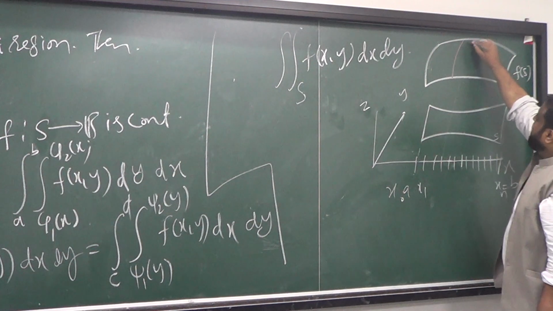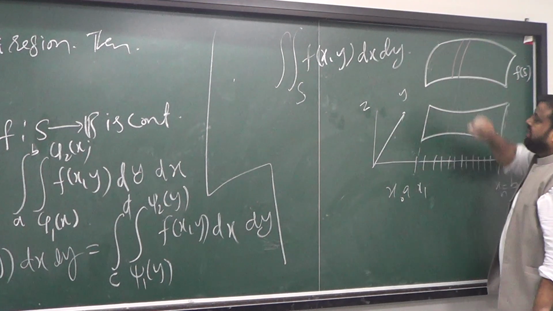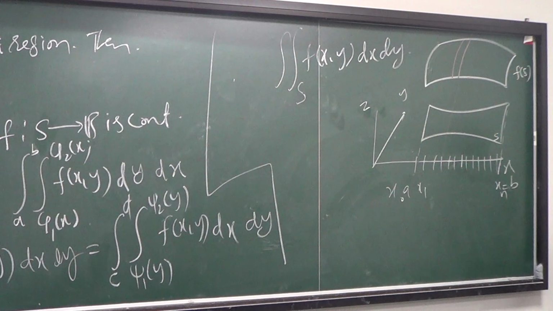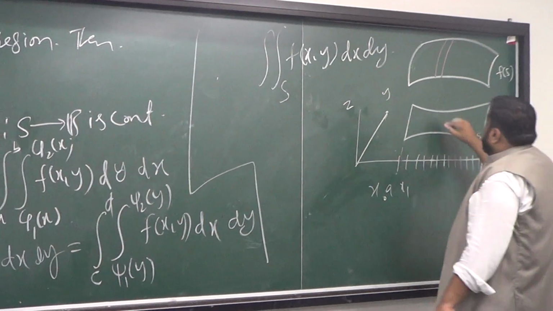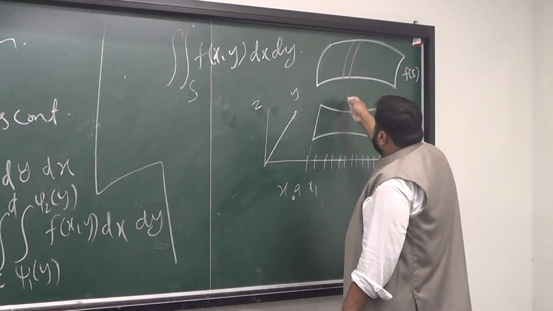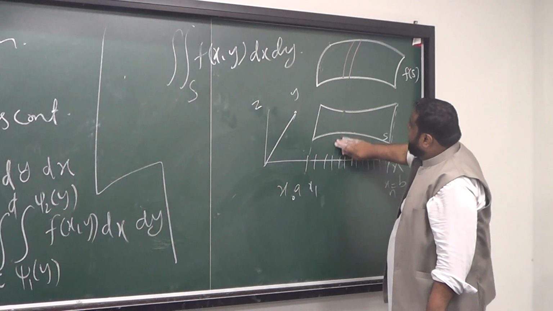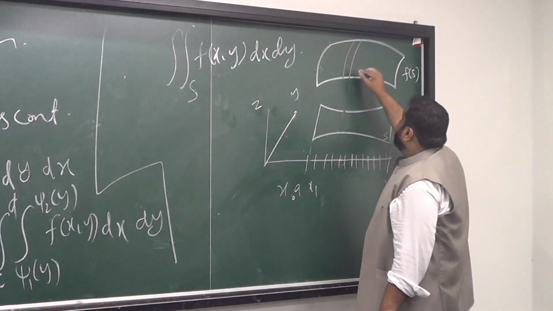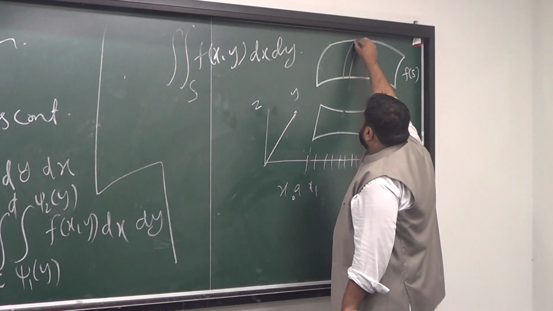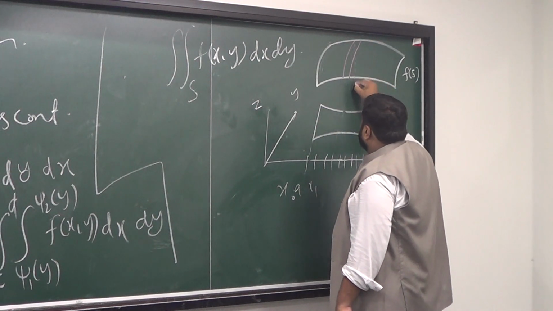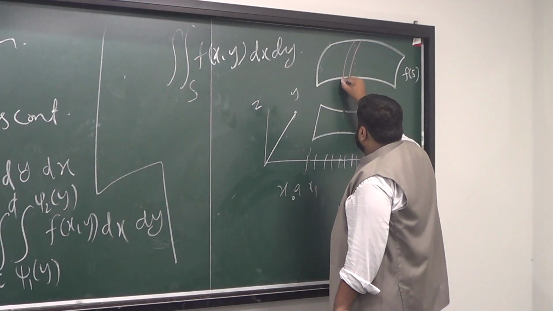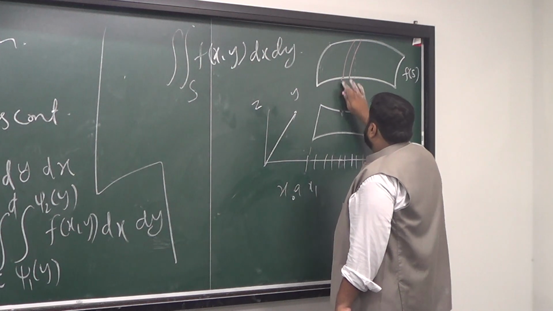And I can take another line and produce another curve here. So when I'm slicing it, what I get is a piece of it. So how can I plot that?